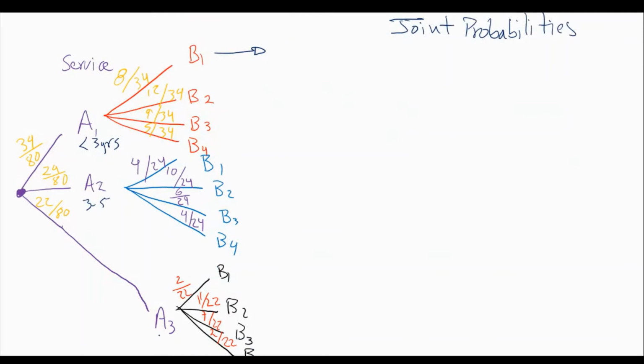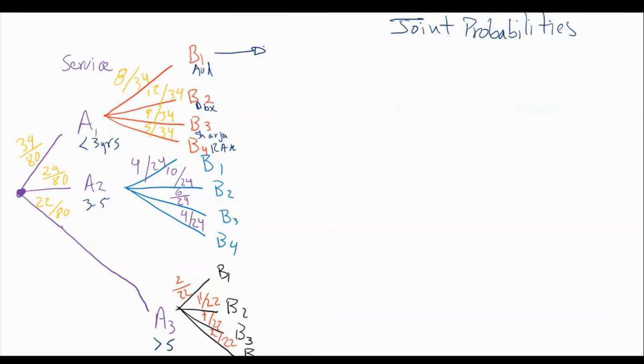Don't worry, you will see it. More than 5 years. Okay, and then this was a location. It was Abu Dhabi. It was Dubai. It was Sharjah. And it was Ras Al Khaimah.